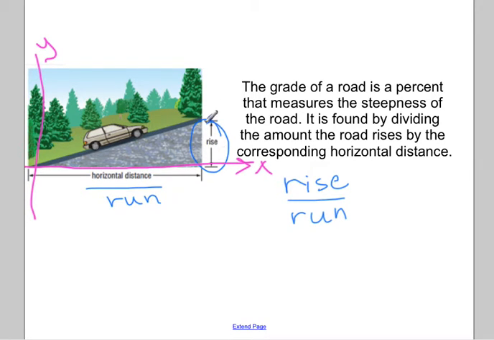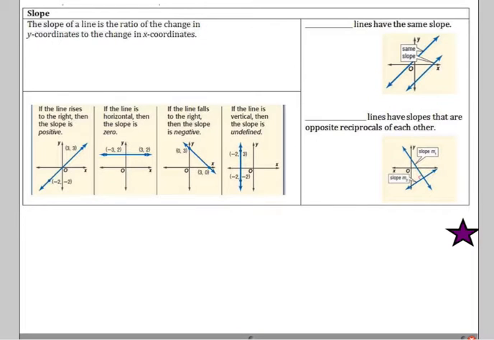Your rise is your change in y over your run, which is your change in x. So the way we calculate slope is change in y over change in x.